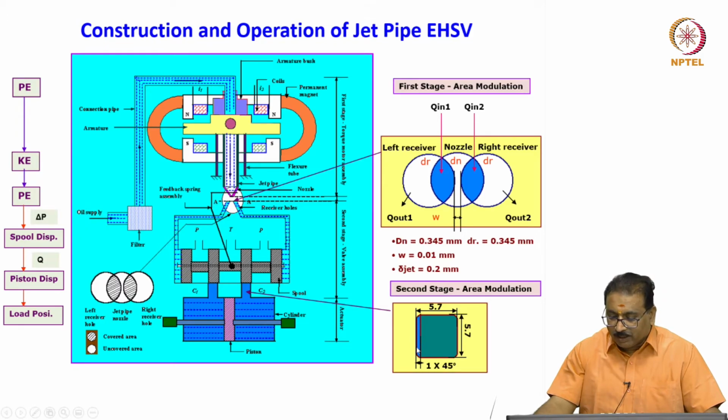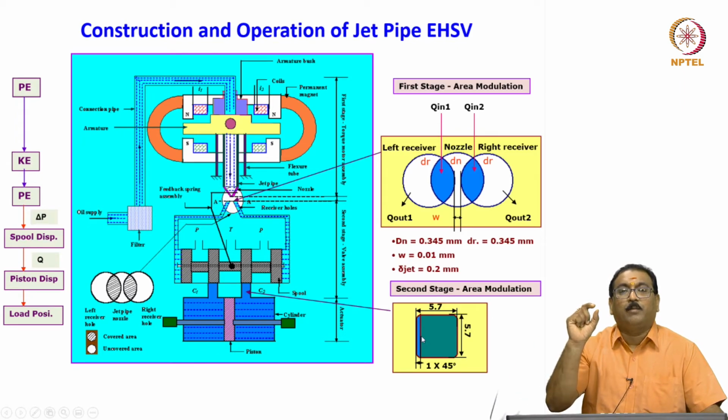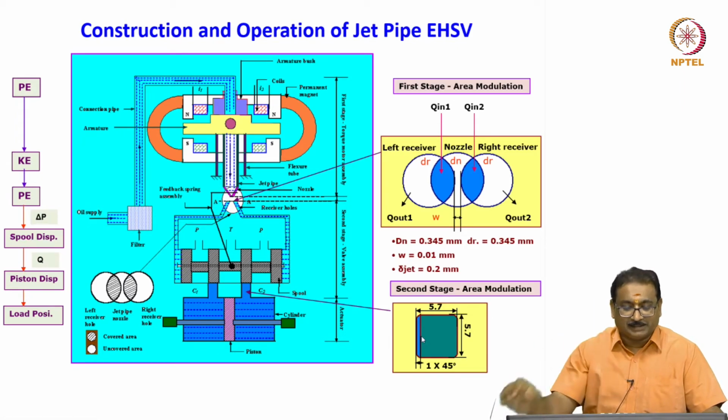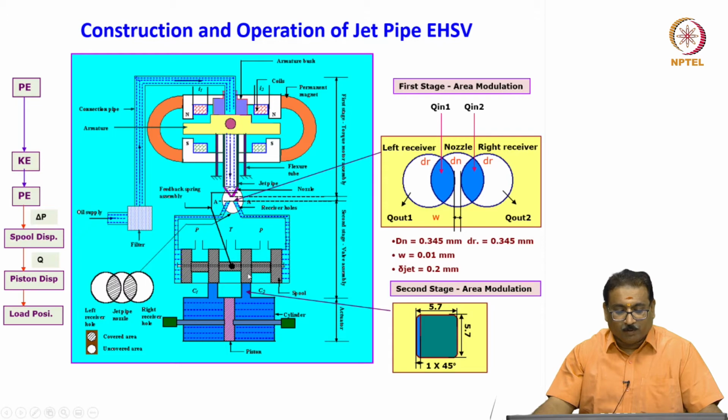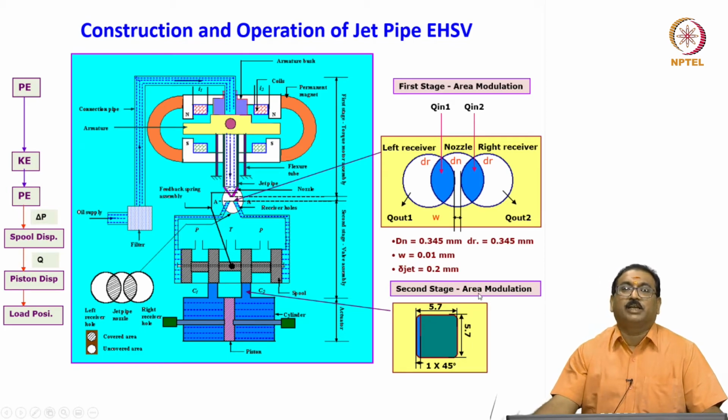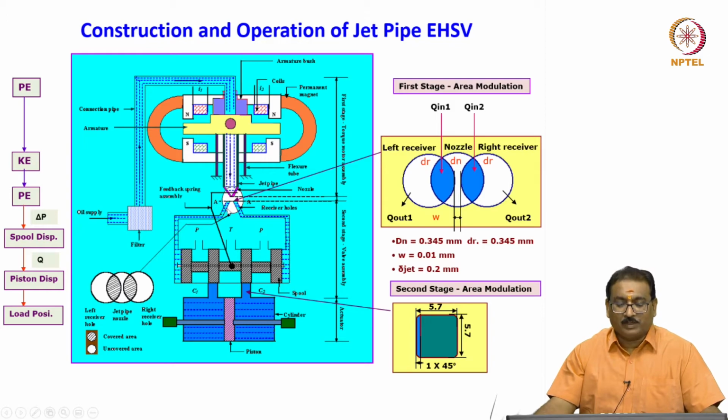Here you will see octagonal port opening, 1 into 45 degree, correct, meaning the spool will move only in this position, a very small 0.85 mm on either side of the valve body. When it starts moving, the area modulation is the second stage area modulation in the 2-stage servo valve. First stage at the receiver plate, second stage here as the spool moves.